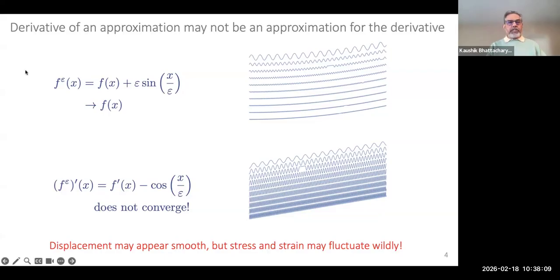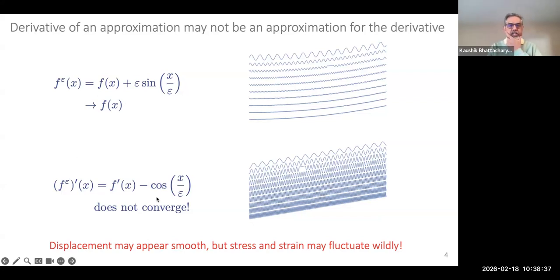So let's think of this very simple function, f of epsilon. It's some smooth function, f of x plus epsilon sine x over epsilon. And you see that as epsilon becomes very small, you become more or less a smooth function. There are some small wiggles, but it's more or less smooth. So you can approximate it by this smooth function, f of x.